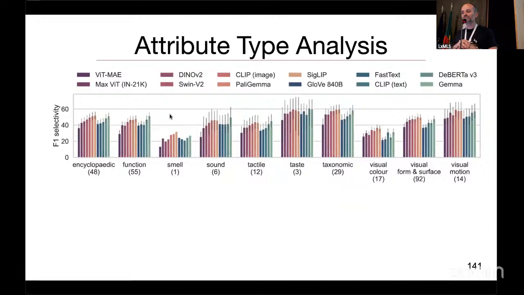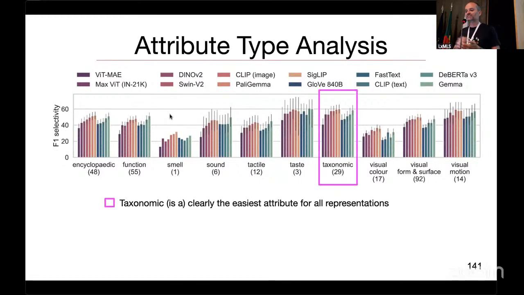When we look at this from an attribute type analysis, because McRae did this for us, so we didn't make any of these attribute types up, we can see that taxonomic, an is-a relationship, is the easiest for all of the different types of attributes, where the red to orange ones are more about the visual representations, and the green ones are more about the language model representations.